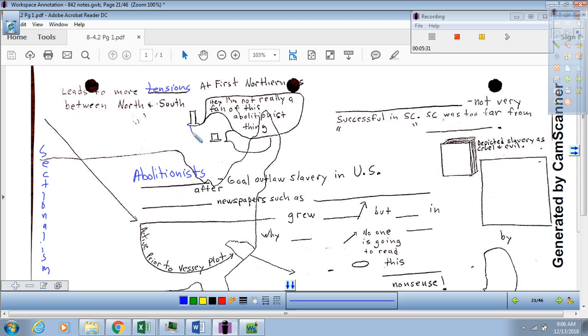Initially in the North, the abolitionist movement existed, but popular opinion was that most Northerners didn't care. There were some that were strongly against slavery, but initially they were uneducated about it. It's like, hey, I'm not really a fan of this abolitionist thing, but I really don't know about it. Yeah, me either, who cares?